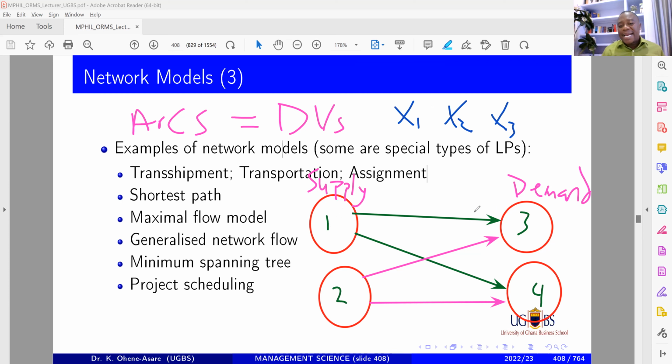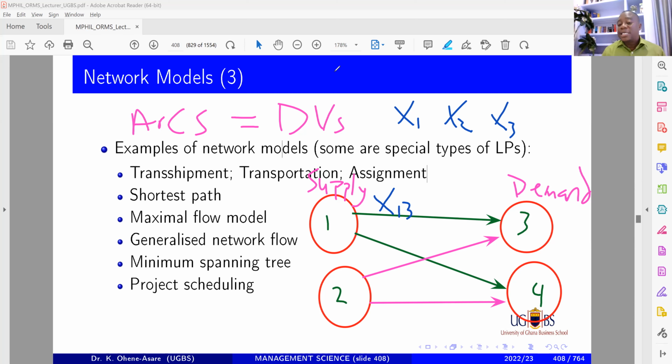Suppose you take an item that you are transporting from supply node 1 to demand node 3. What will be the decision variable? X13. So, ladies and gentlemen, this arc is represented by X13.